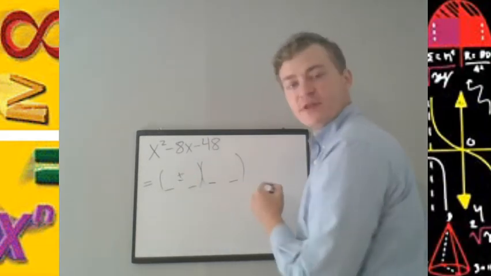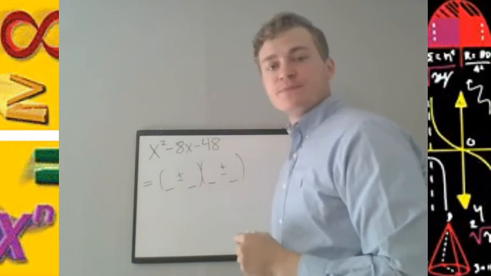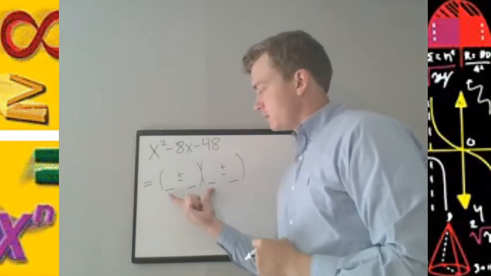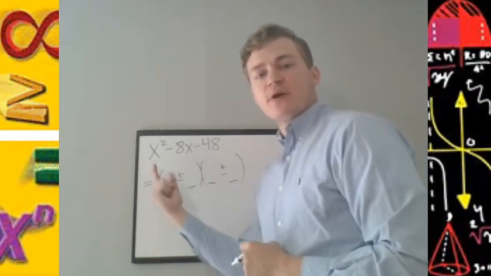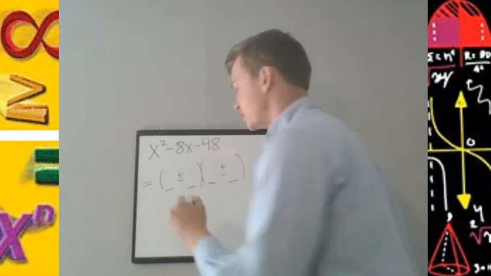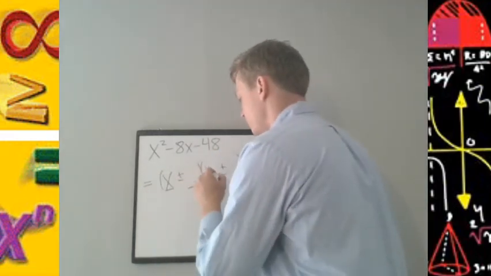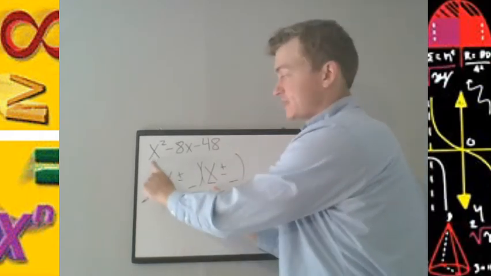In the middle, there's either a plus or minus sign for each of our two binomials. For the terms to go here, when they multiply together, they give us the x squared. So what two terms multiply to give us x squared? X times x.